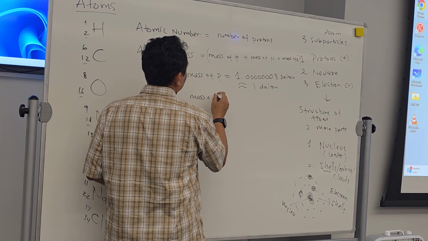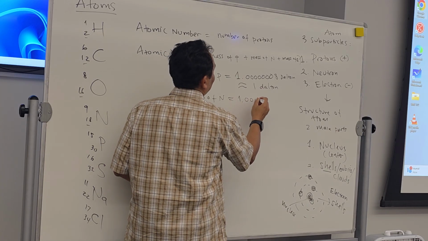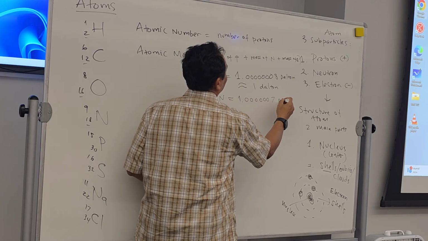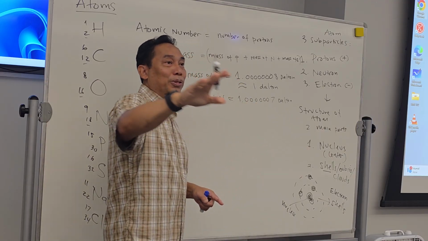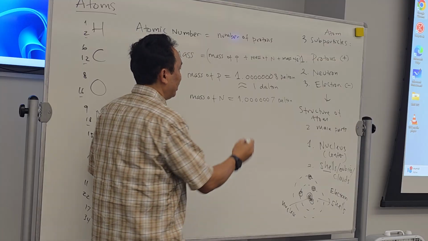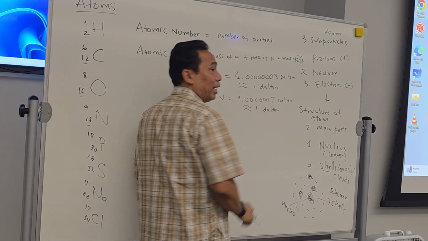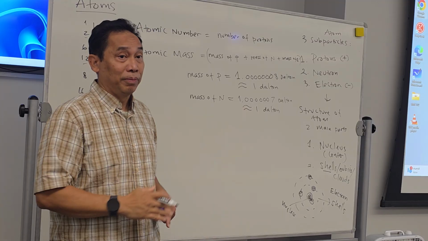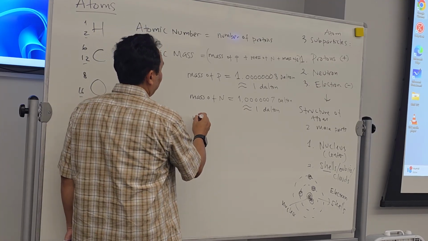The mass is equal to 1.0000007 Dalton, like that. Again, because 1.00000 is close to 1, it's equal to actually 1. To make it easy, just round it.